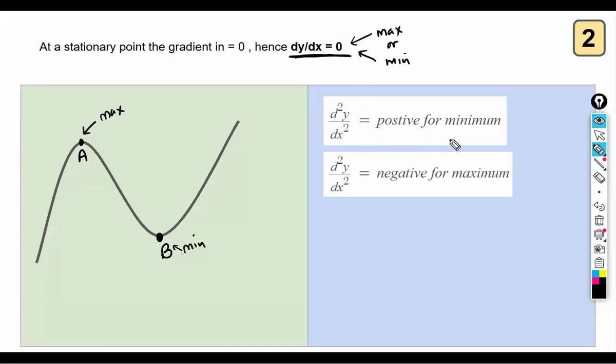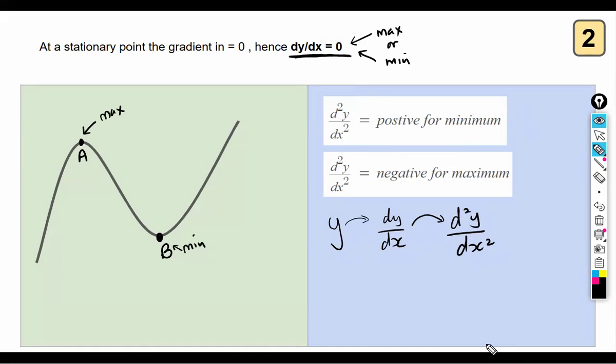What you need to do now is differentiate one more time. Yes, you heard me. When you differentiate y, you just get dy/dx. But if you take dy/dx and differentiate it again, you get something called d squared y/dx squared. Sounds crazy, right?